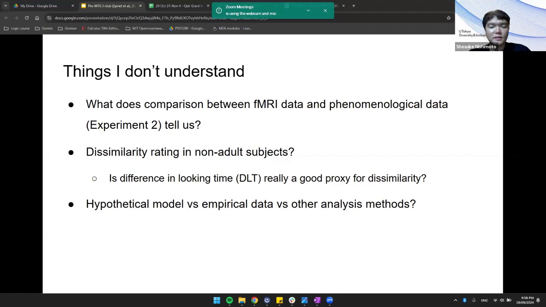Yeah, the second target goal said they plan to measure the brain activity when we manipulate the qualia structure, and then they measure the qualia structure when they manipulate the brain activity.